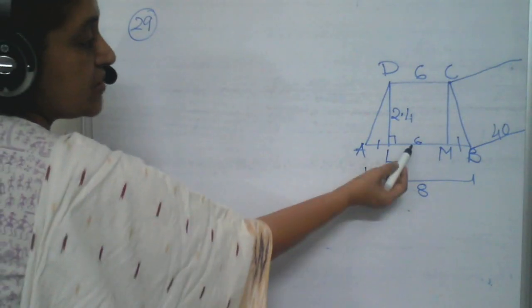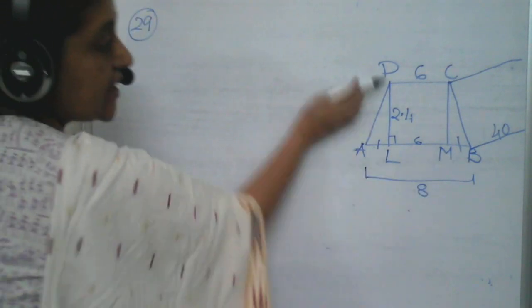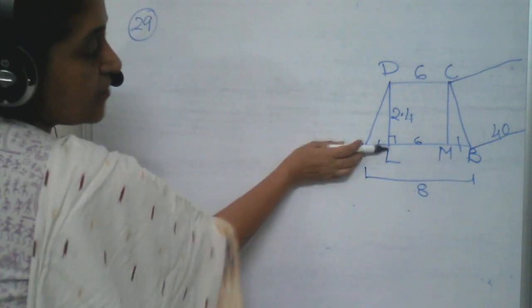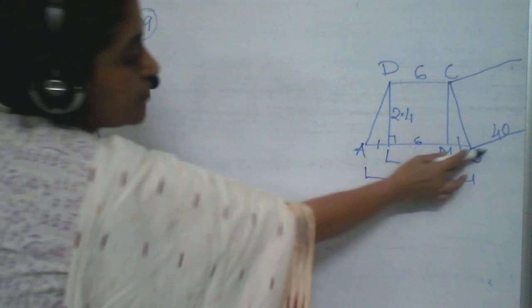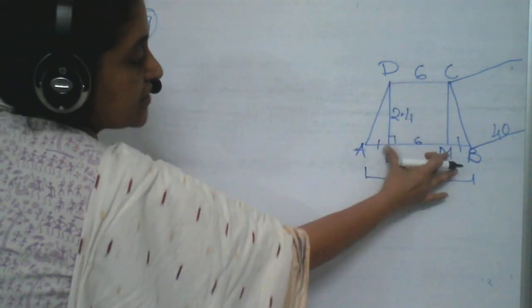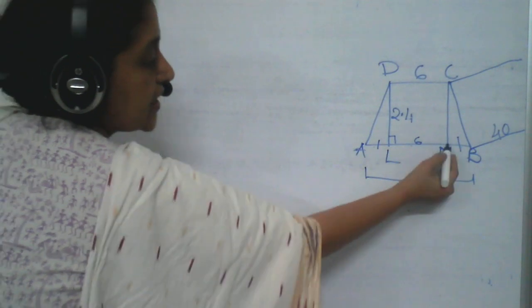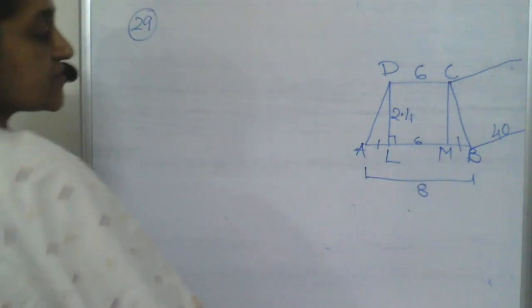So 6 meter in between, 1 meter over here, 1 meter over here. Again I say DL is perpendicular, CM is perpendicular to AB. Hence this 6 meter will be between L to M, and the remaining parts are equal, as given. That's why it is 1 meter over here and 1 meter over here.